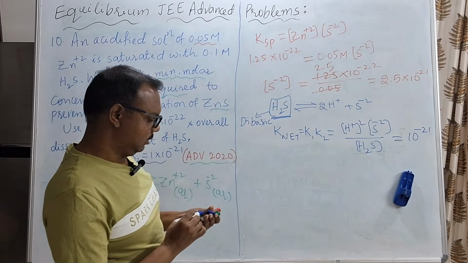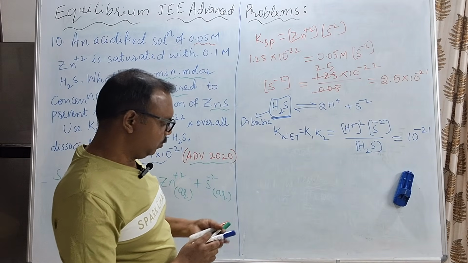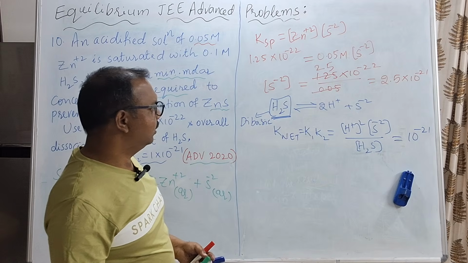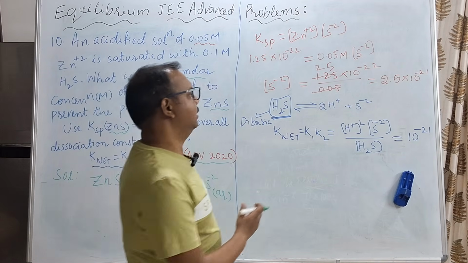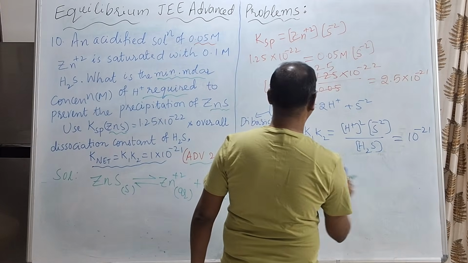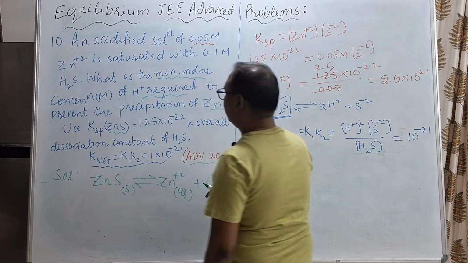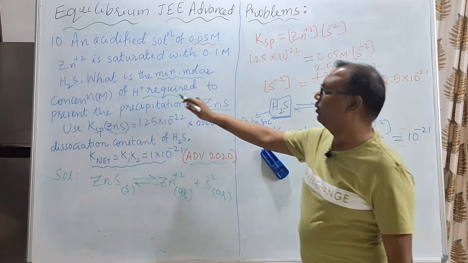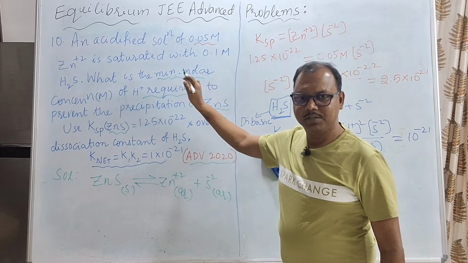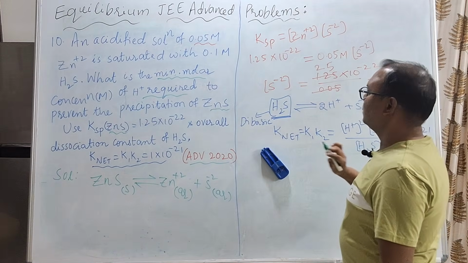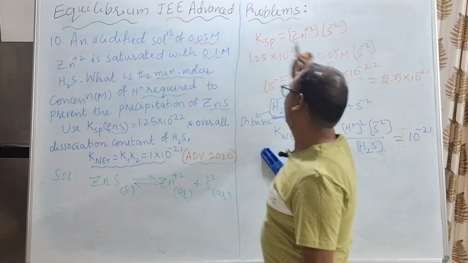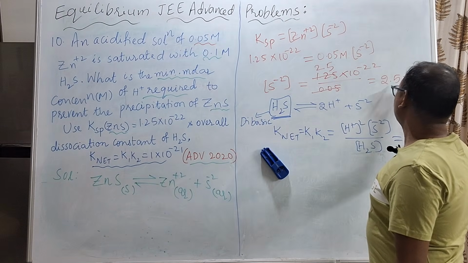Now we have to substitute the value of sulfide ion, which we know, and H2S, which we know, and H+ is what we require, because the question is asking about the concentration of H+ required. Therefore, you just substitute the values. H2S is given as 0.1 molar, and S2- is what?